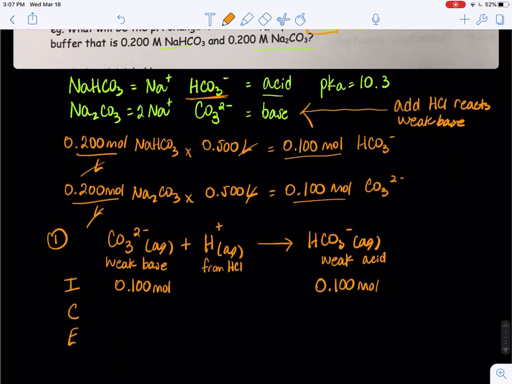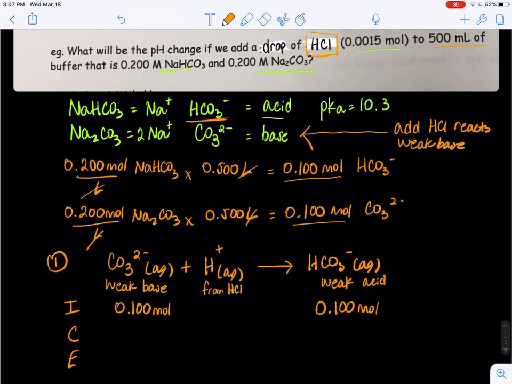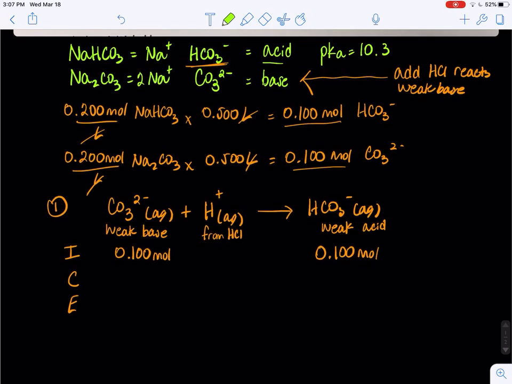And for HCl, that's up here in green, we got a very small amount, 0.0015 moles. Now remember what we talked about. You look at these two numbers and you decide which one is the limiting reactant. This is smaller, so that's the limiting reactant.